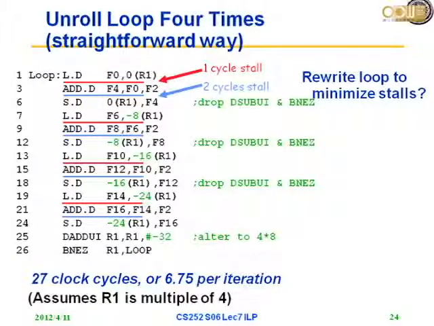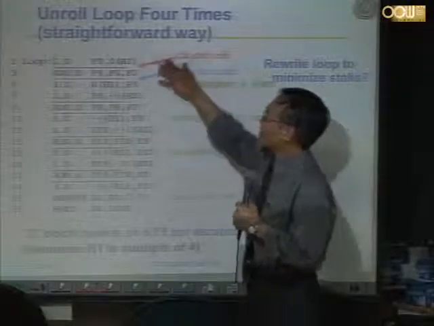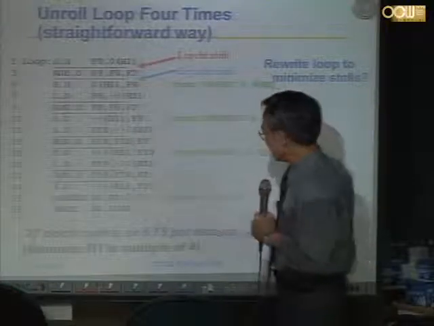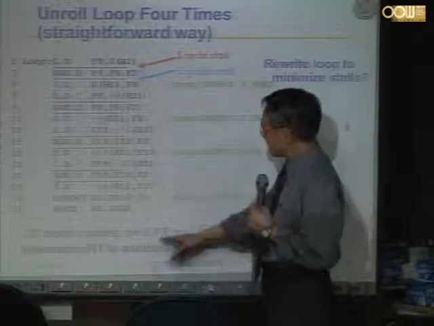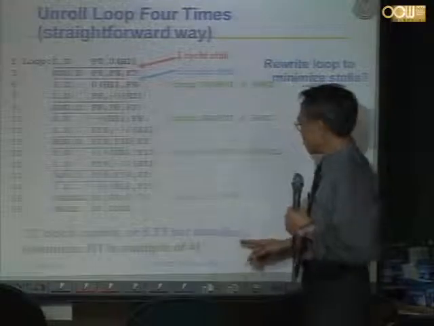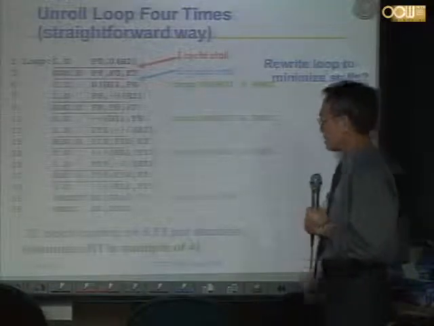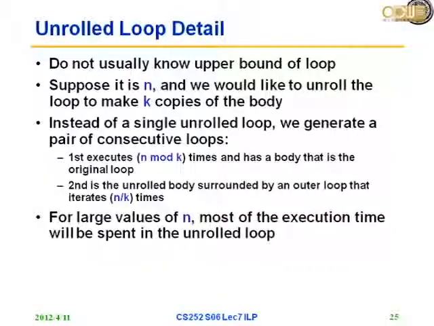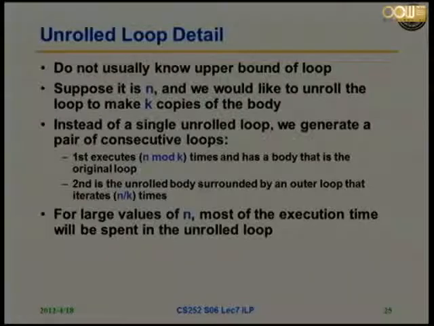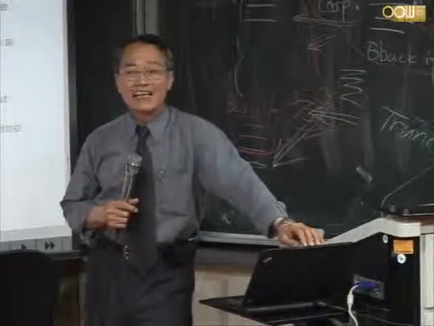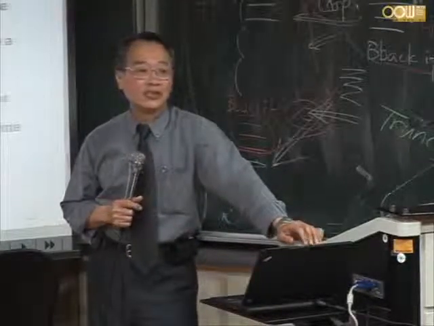Now, we have spent 27 clock cycles, but we have handled 4 array elements. So on average, we spend 6.75 cycles on each element. Okay, so that's how we do loop unrolling and how we can get benefit from loop unrolling.